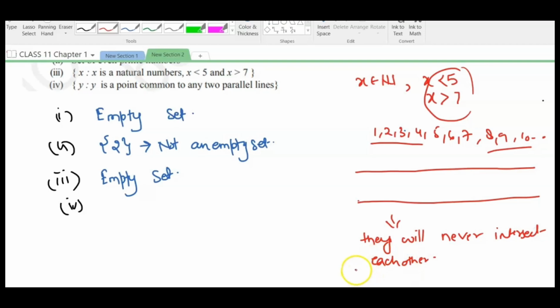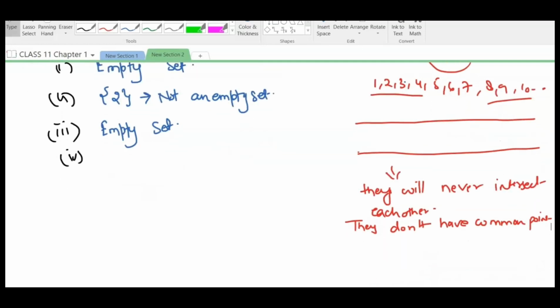It means that they don't have any common point. So if two lines are parallel, they will never have a common point, and therefore this is also an empty set. So we simply need to solve what is written and then see if any element belongs to this set or not. If there is even a single element, the set will not be empty.